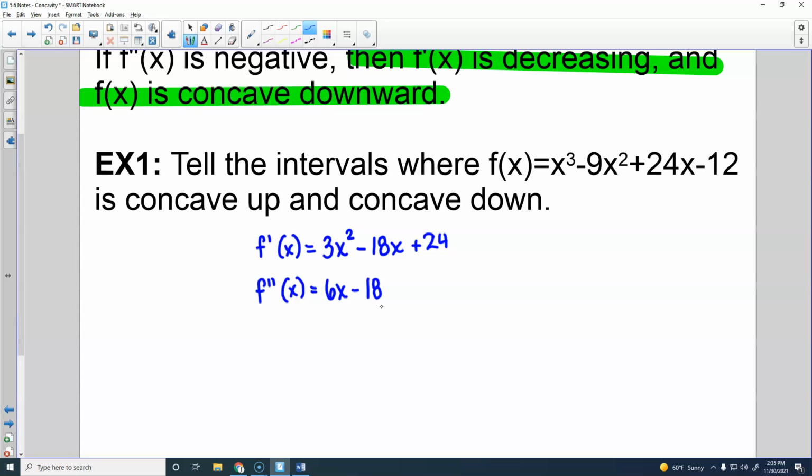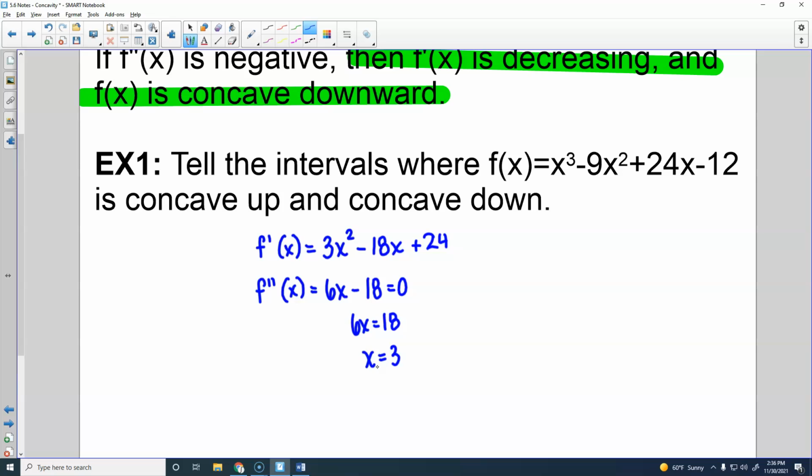We're going to do basically the same thing that we do whenever we're doing the increasing, decreasing, maximum, minimum stuff. We're going to take our second derivative and set it equal to 0. So 6x will equal 18, so x will equal 3.